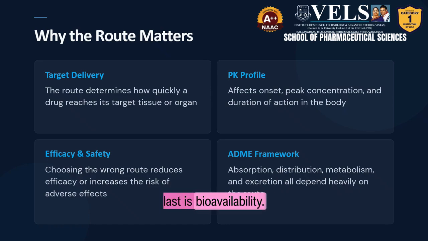The last is bioavailability, the fraction of the administered dose that reaches the systemic circulation unchanged. For example, an IV injection generally produces a faster onset and higher initial plasma concentration than the same drug given orally.